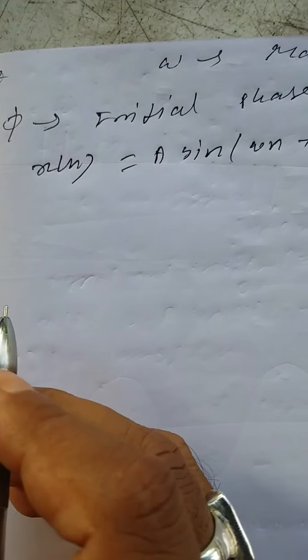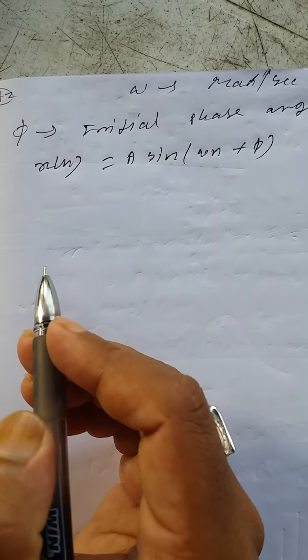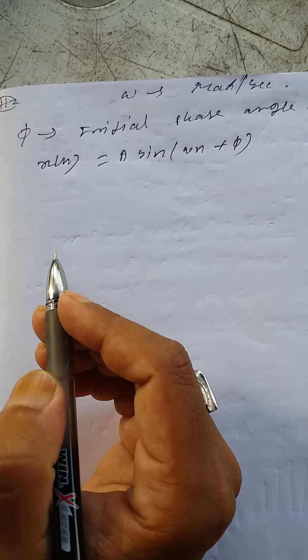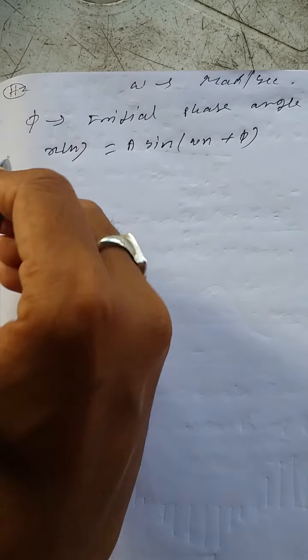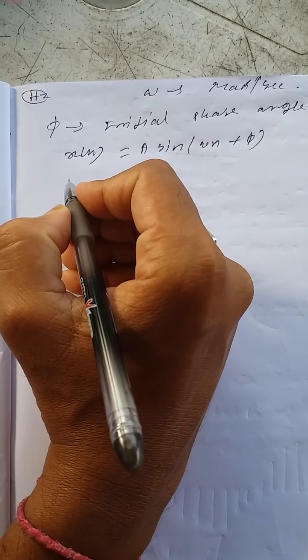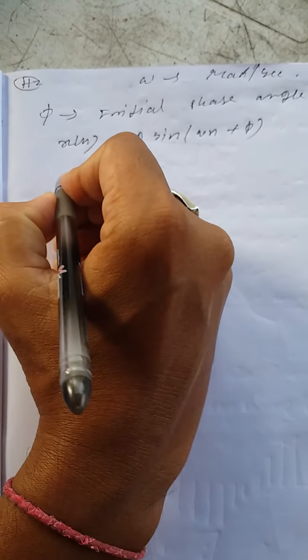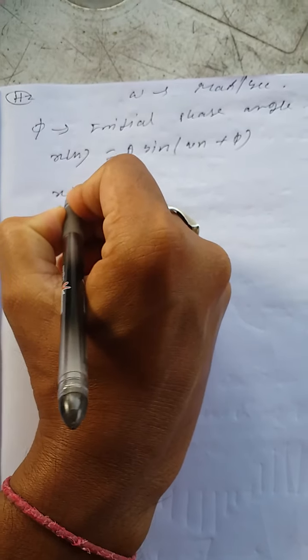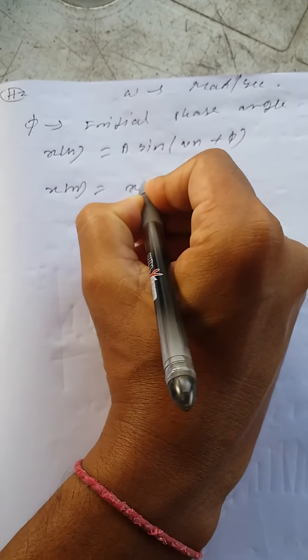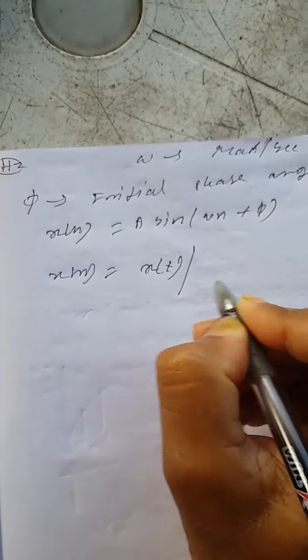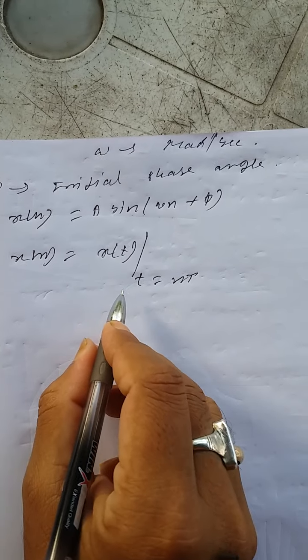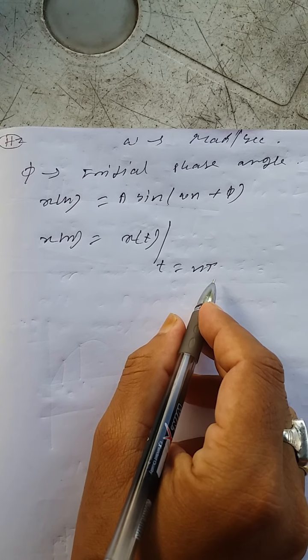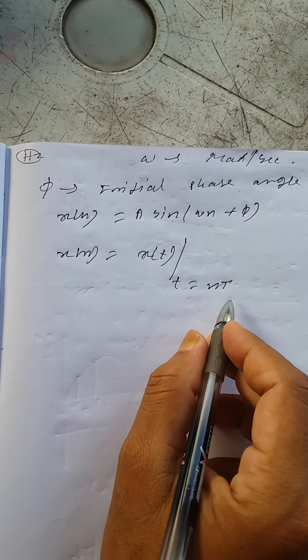Now the mathematical expression for sampling: we have to convert just x(t) into x[n]. The process of converting x(t) into x[n] is x[n] equal to x(t) at time t equal to nT. We are just putting t equal to n into capital T. What is capital T? That is the sampling period.